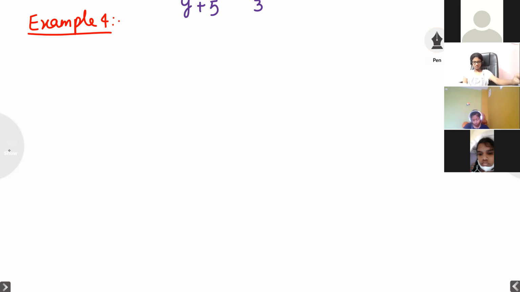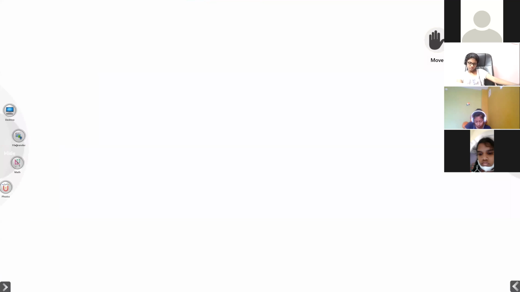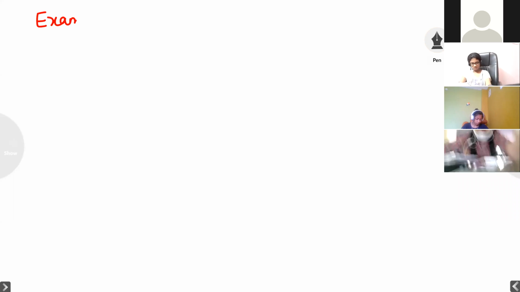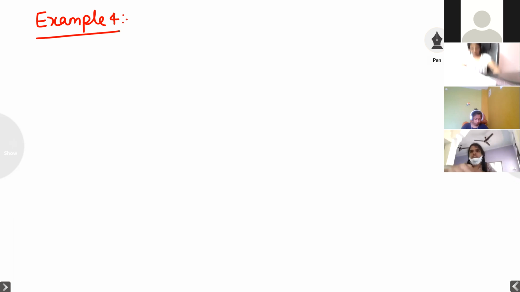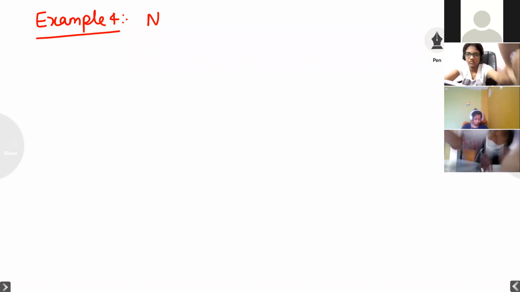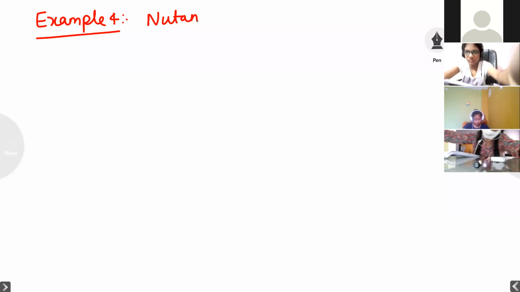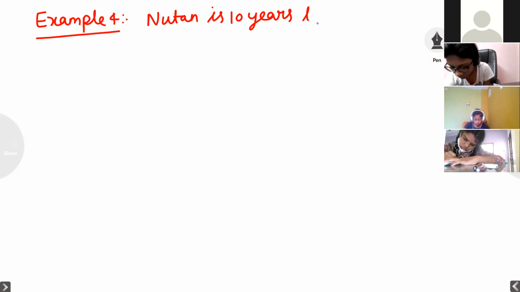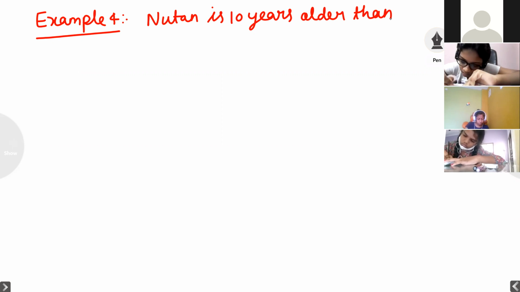Example 4. Nutan, one girl's name, is 10 years older than Shushan.